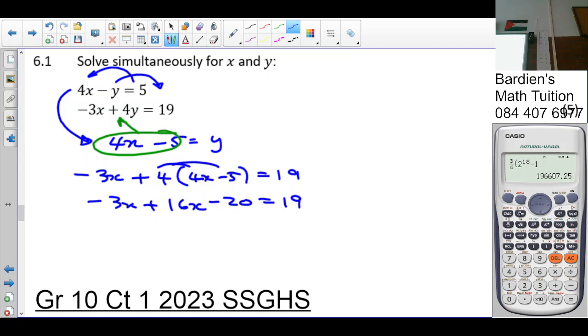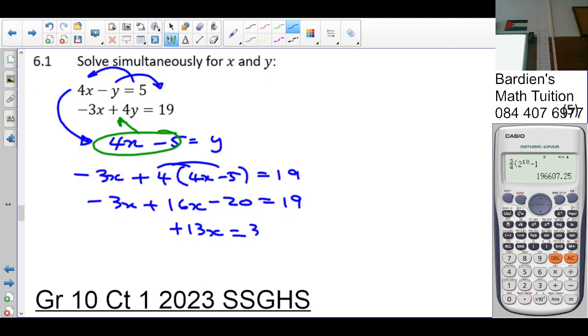Okay? Which now gives us negative 3x plus 16x is 13x. Okay? Equals 19 plus 20.